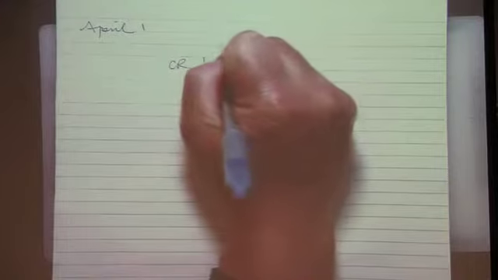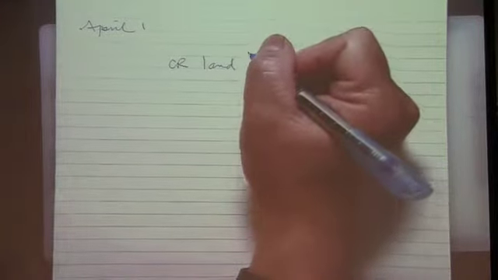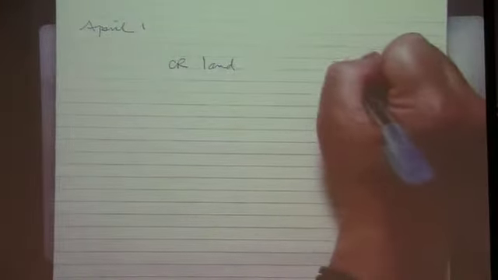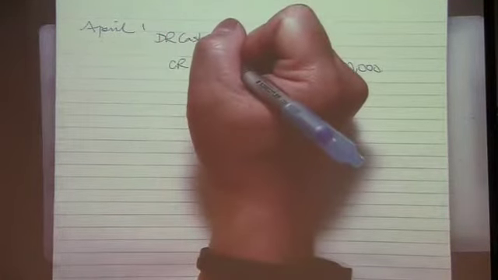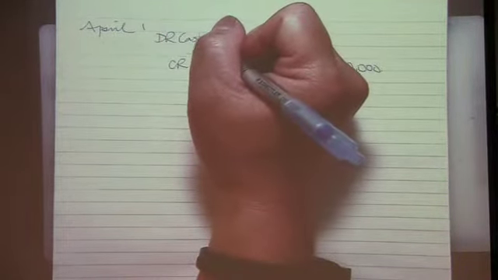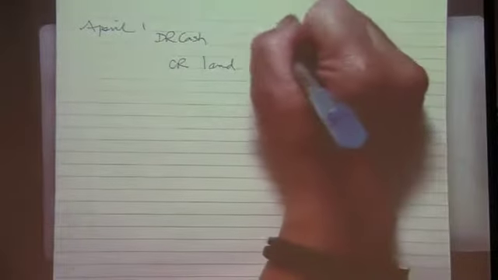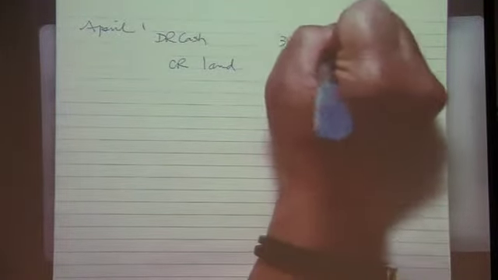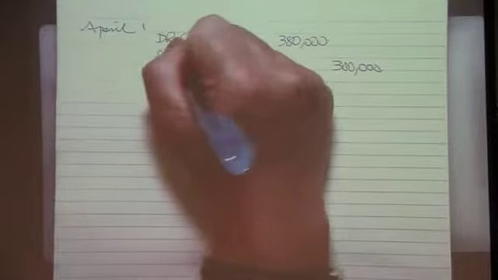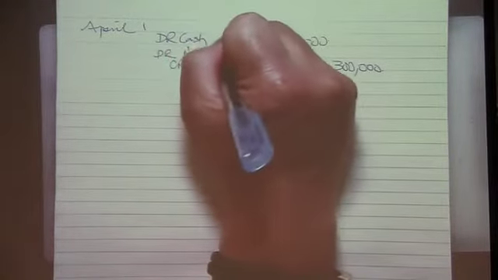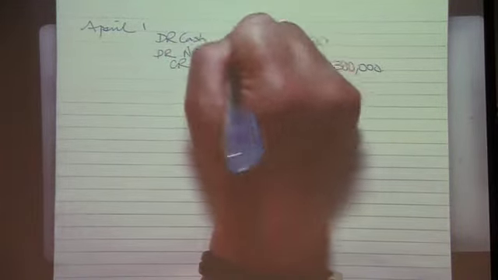Okay, so first we're going to credit land, and the cost of that land was $300,000. We're going to debit cash because we got cash, and we're told that we received $380,000. We also receive a note receivable for $820,000.